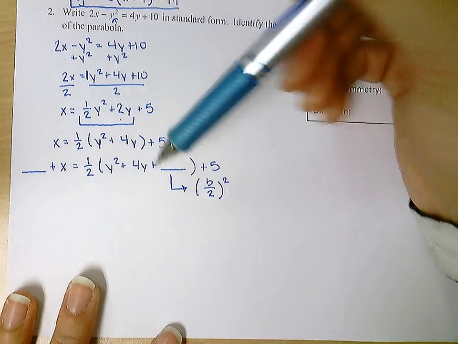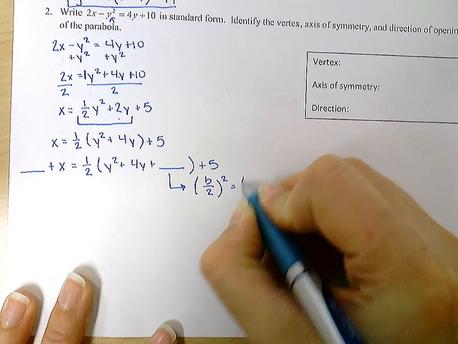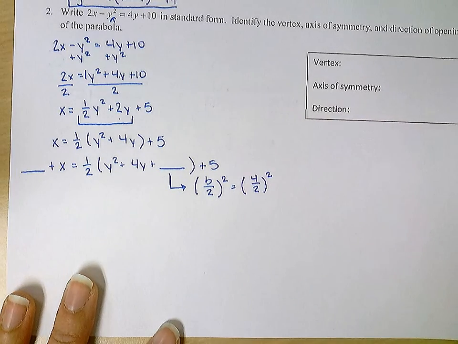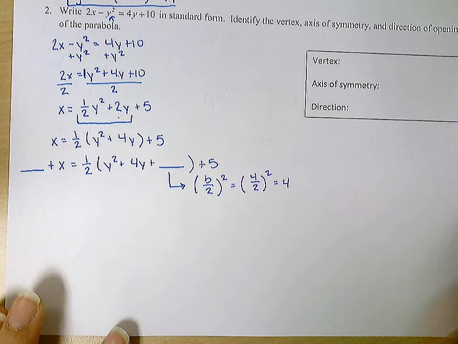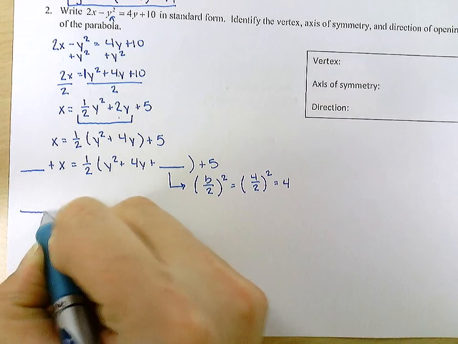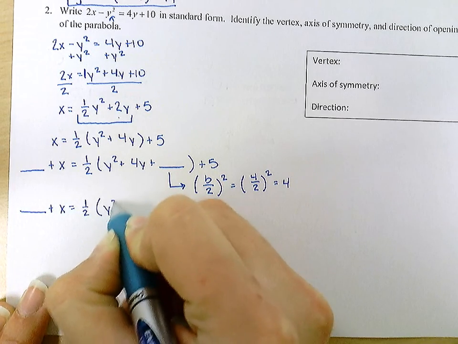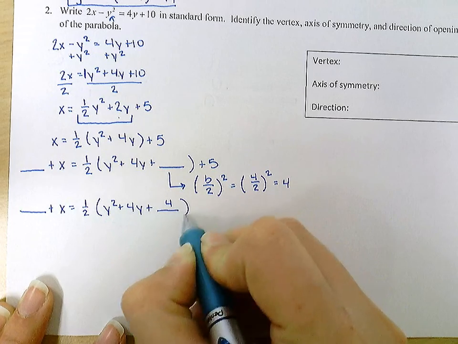It is the b value inside of your parentheses. That is 4 divided by 2 squared. It is just 4. So I'm adding 4 to this one.